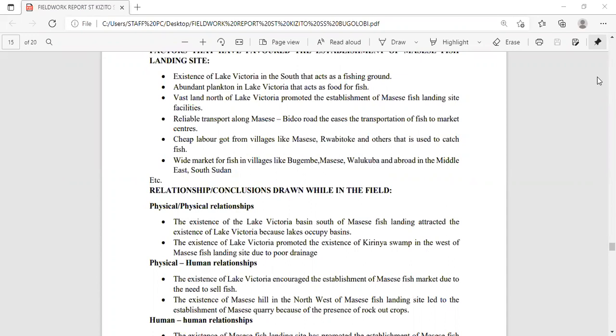We used the pacing method. This is a method which involves use of strides to estimate the distance of geographical features. So we estimated the distance from Old Port Bell Road to Mboyanal Factory. Put the tool, and the person who did that estimate.